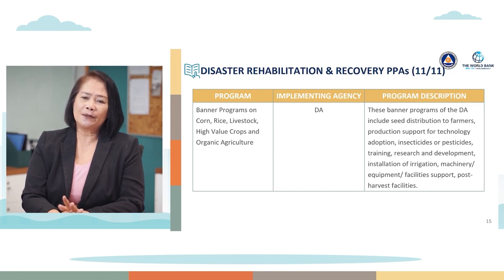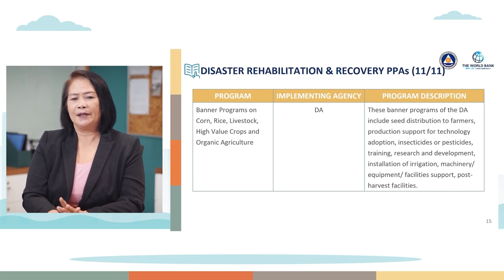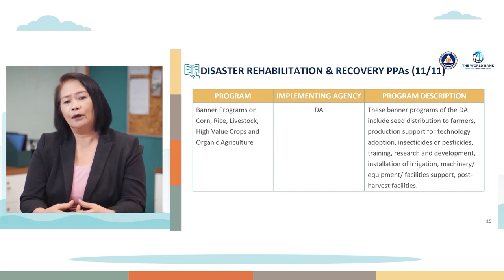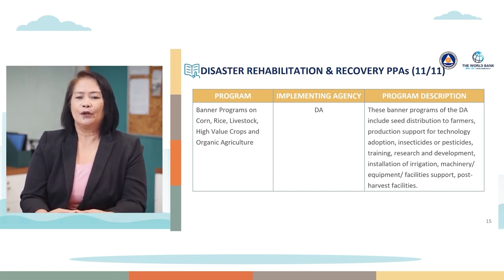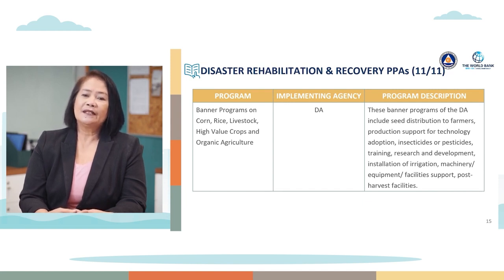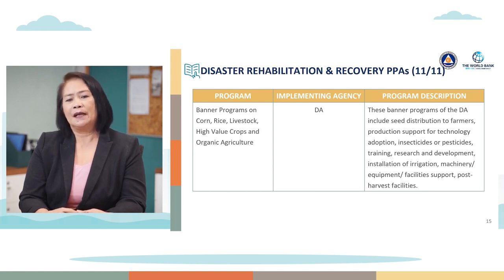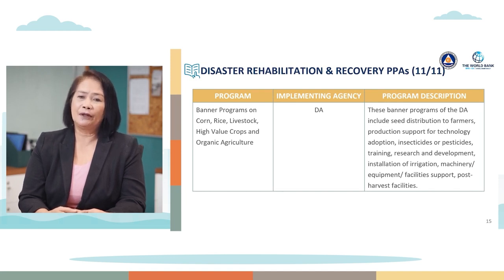These banner programs of DA include seed distribution to farmers, production support for technology, insecticides or pesticides training, research and development, installation of irrigation support, machinery, equipment, and other facilities to provide them with post-harvest facilities in their communities.